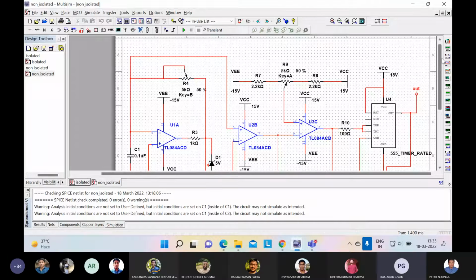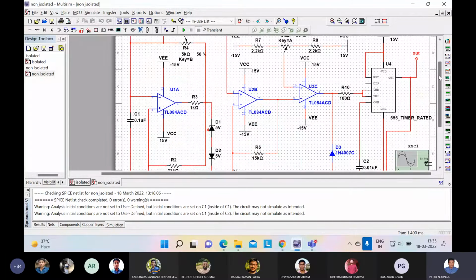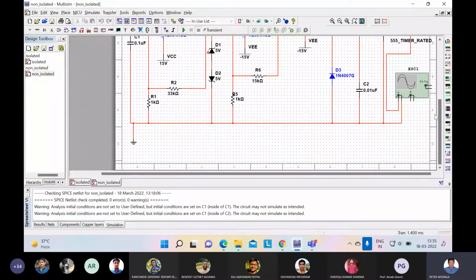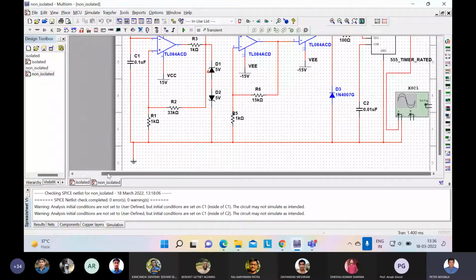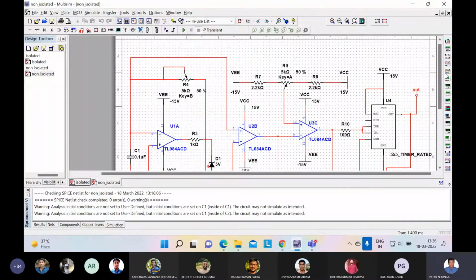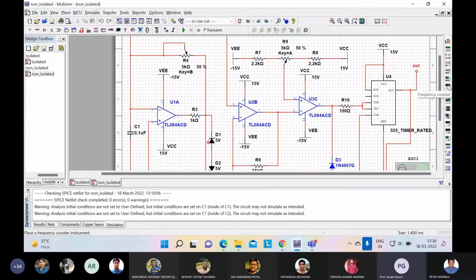Achha, please explain your circuit. Yes, sir. So here in the circuit, sir. So here for the non-isolated, we have 3 op-amps, some diodes here, and some variable resistors here, R4 and R9.